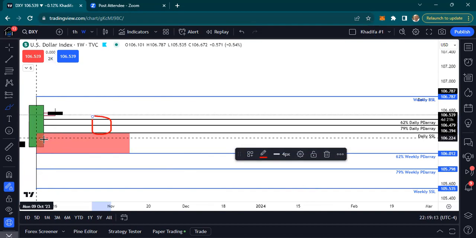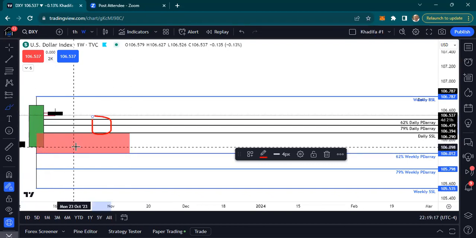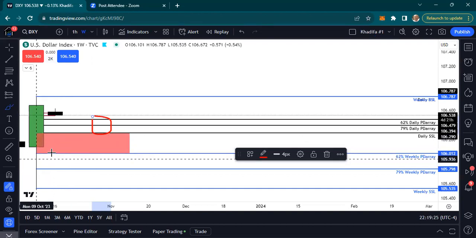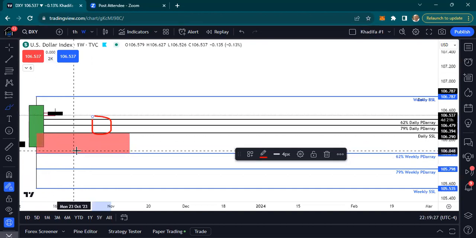And this pink shaded area is a daily fair value gap because we are on the weekly time frame as of now. But when I break down to the daily time frame, you will see that daily fair value gap, right? So I will allot for price to pull down into that daily fair value gap, running that daily sell side liquidity from Friday's price range.